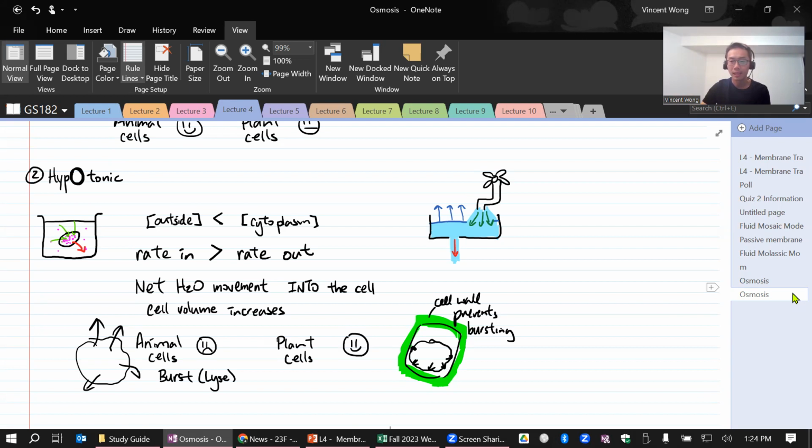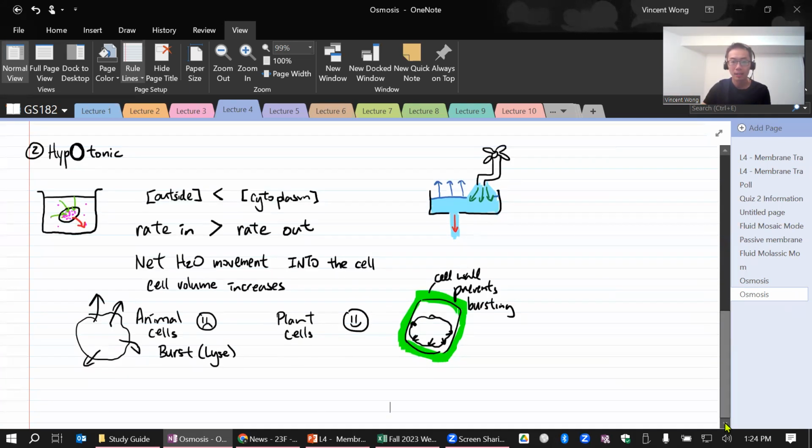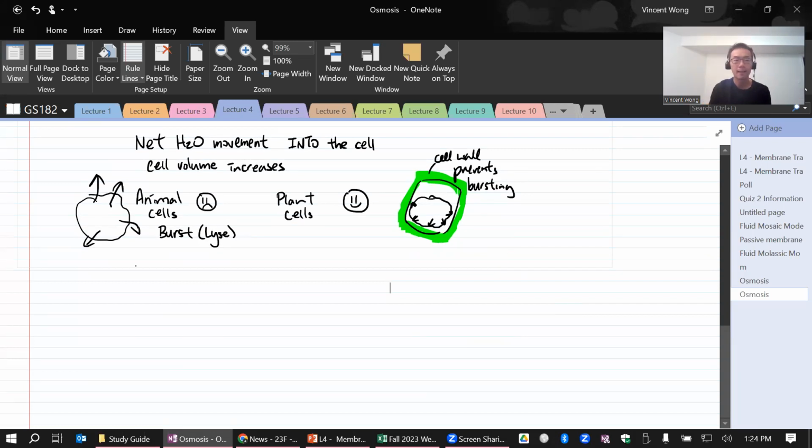Okay, well, let's take a look at the next part here. We will have our third case. Our third case here is hypertonic. You can probably guess what it's like and probably can finish the note yourself, but here we go.